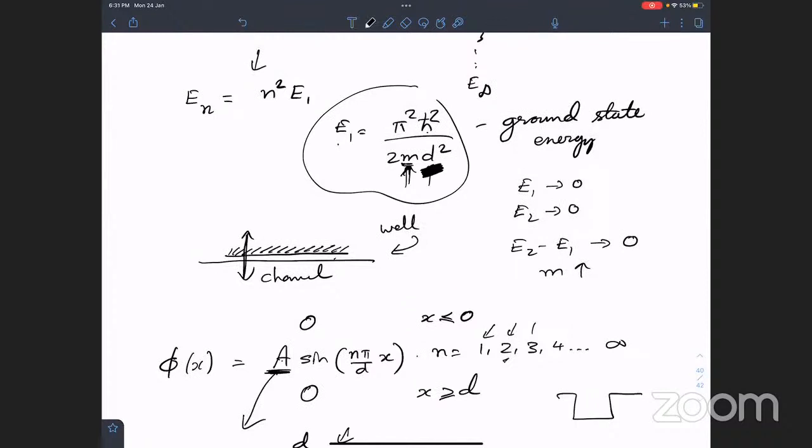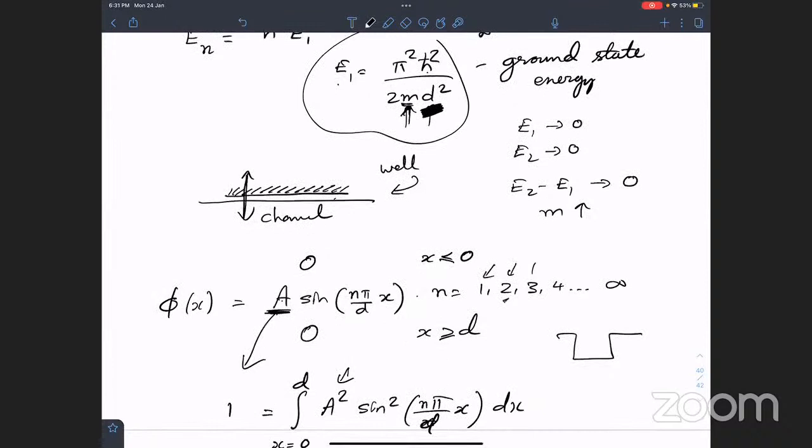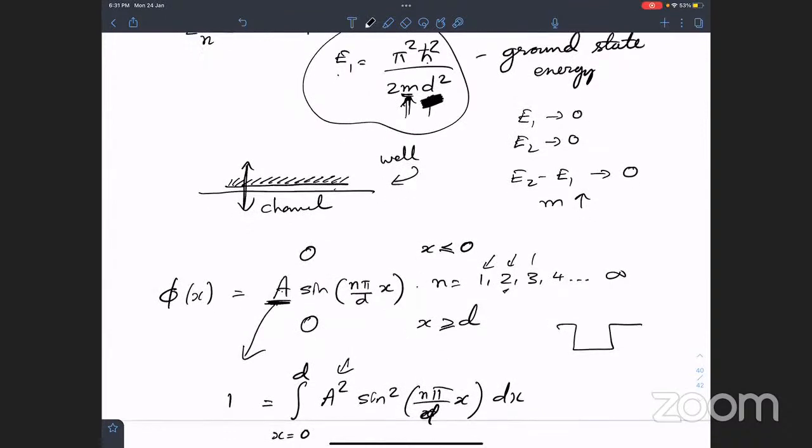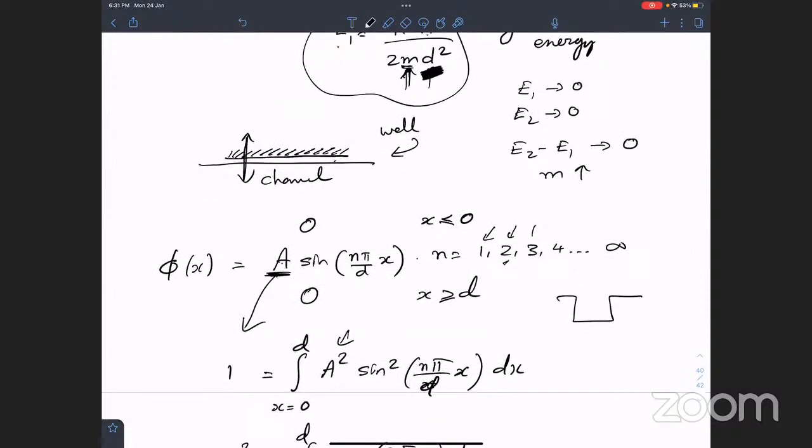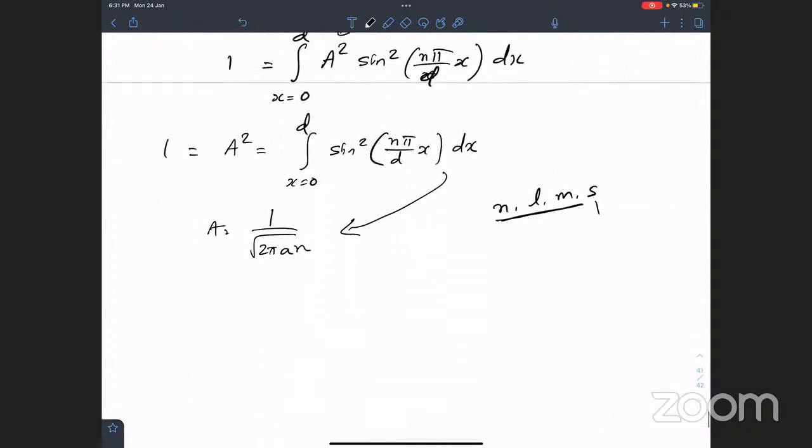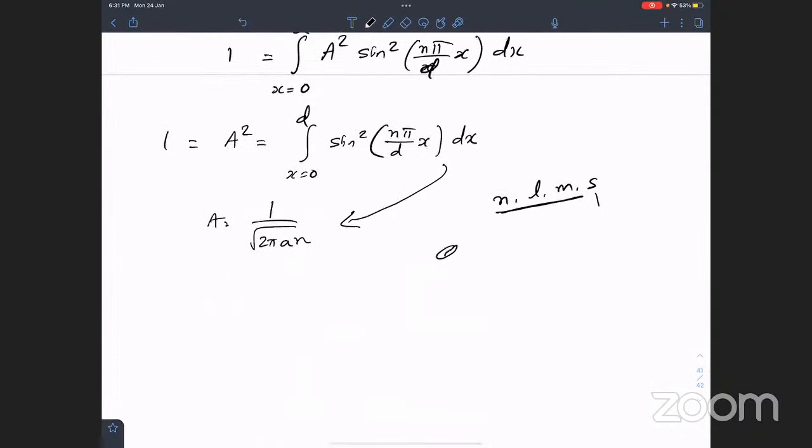Anytime I localize a particle, because it has to satisfy the boundary conditions, it can only take discrete energy eigenstates. This is what we know as quantum. This is the key to the word quantum in quantum mechanics. Energy is quantized.